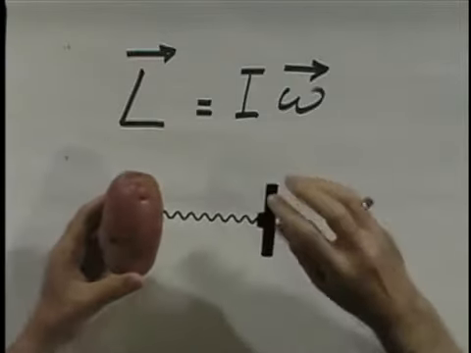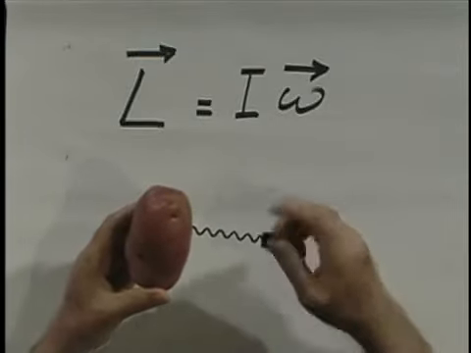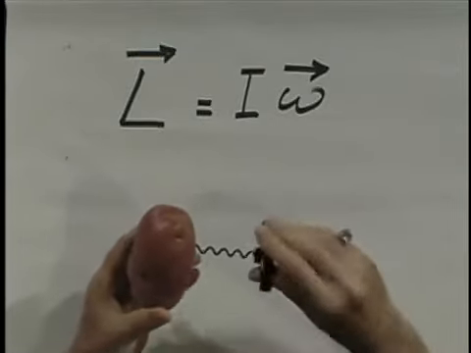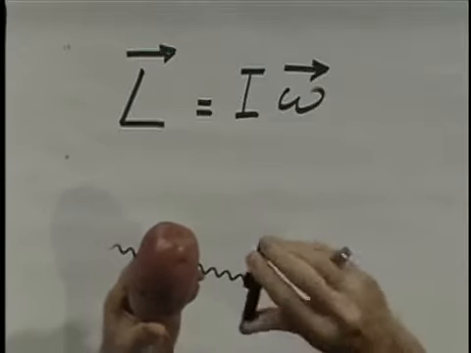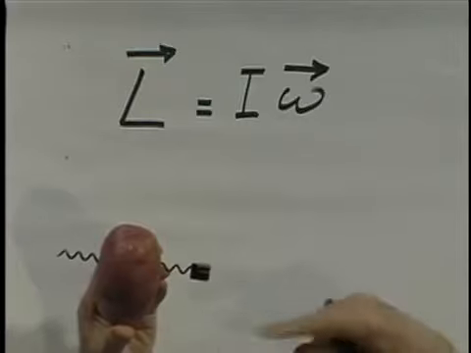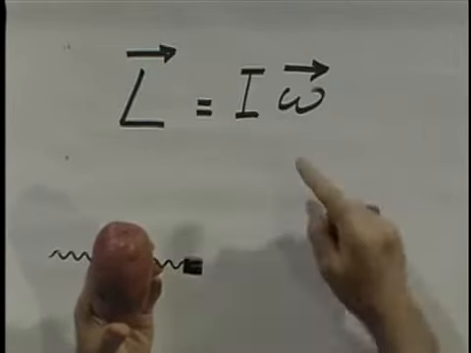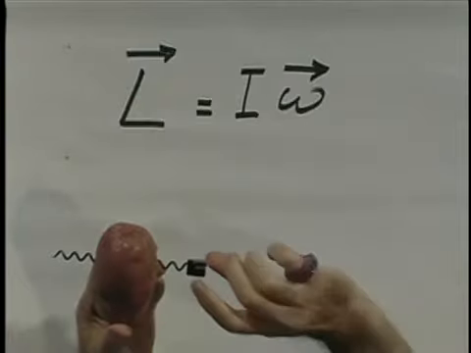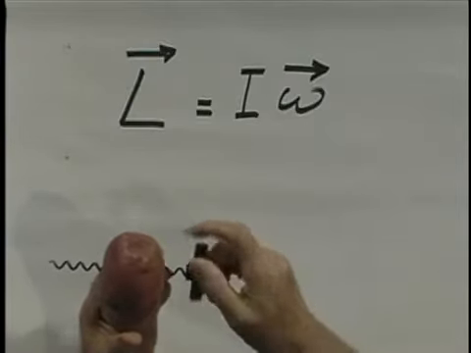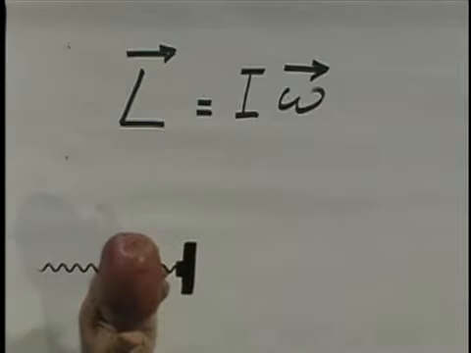You're going to see the corkscrew going into the potato and coming out on the other side. There it comes out. So a clockwise rotation moves the corkscrew in this direction, and that is our convention for omega. If the angular rotation is in this direction, then omega is in this direction.